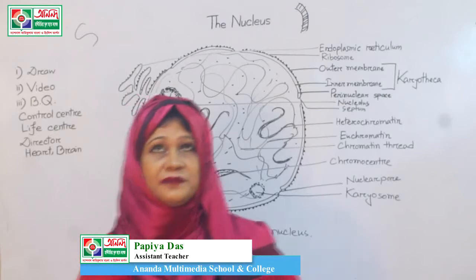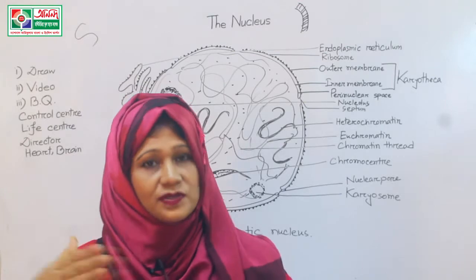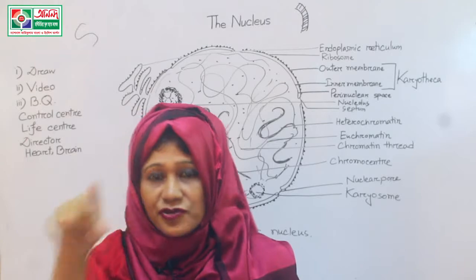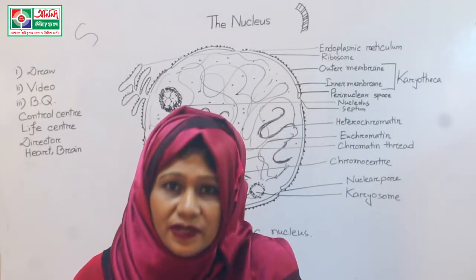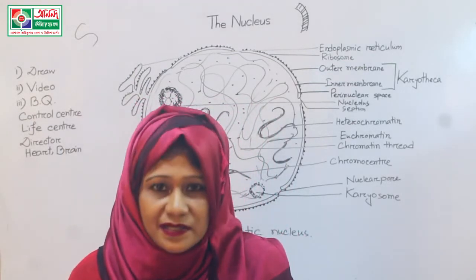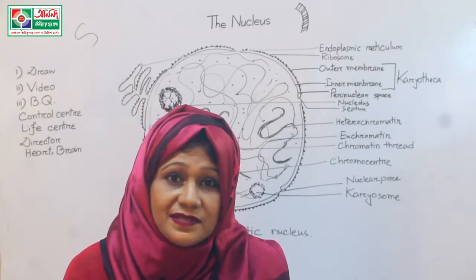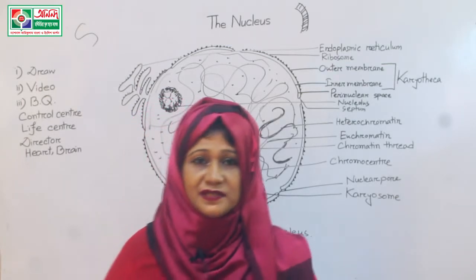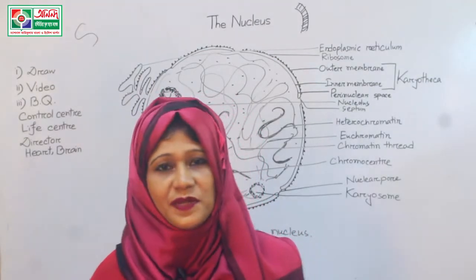In this question we are writing in 5 steps, in 5 paras. That was the first para, and in the second para you write about the structure and function of the nuclear membrane. The nuclear membrane is a bilayer structure made up of protein and lipids, and it maintains the transportation between the nucleoplasm and cytoplasm.